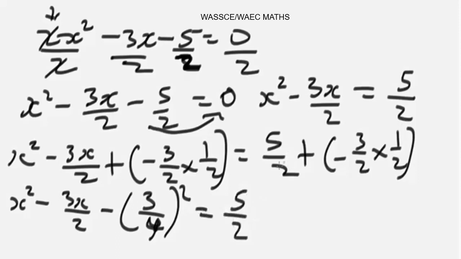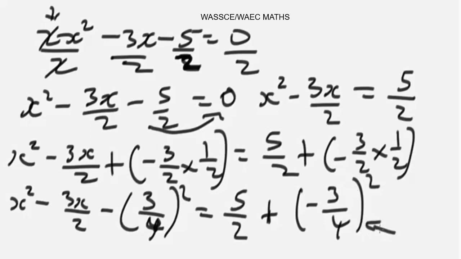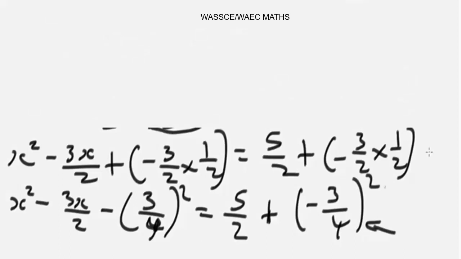Remember, you need to break down everything we have here. When you simplify what we have at the right, we have 5/2 plus 3 squared, which gives 9, over 4 squared, which gives 16, because everything shares the square when it enters the bracket.